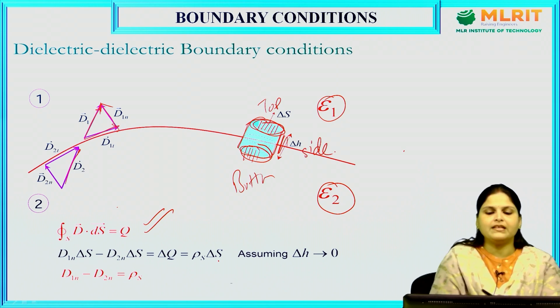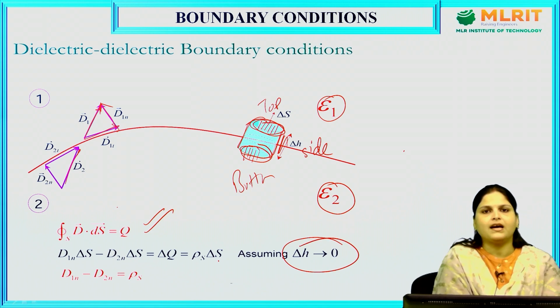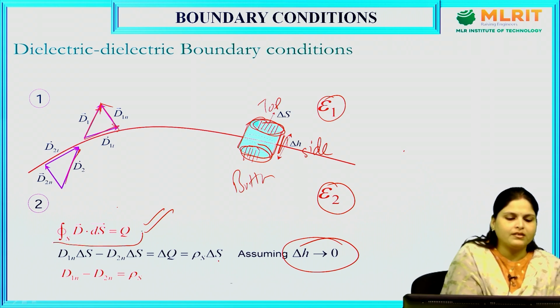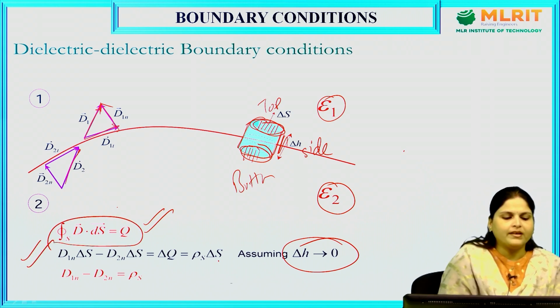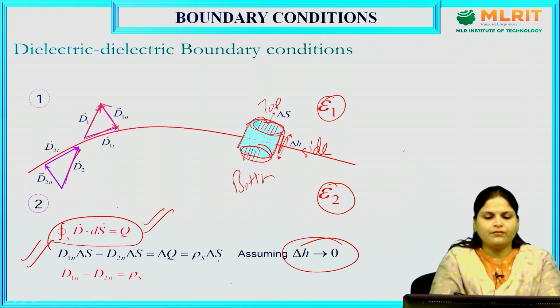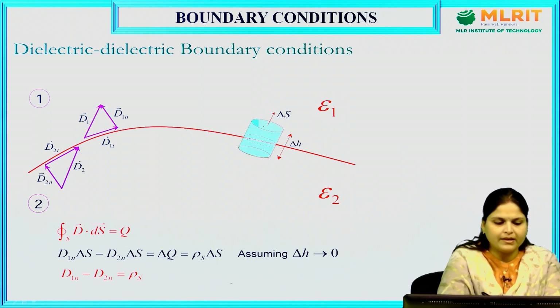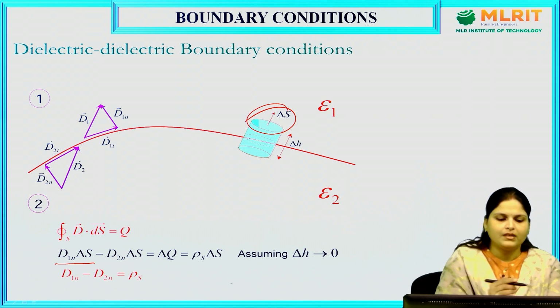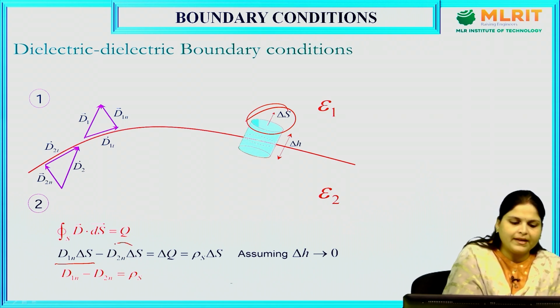But here we will consider that the height of this pillbox tends to 0. So when we elaborate this, for this top portion we can write D1n del s, and for this bottom portion we can write D2n del s.